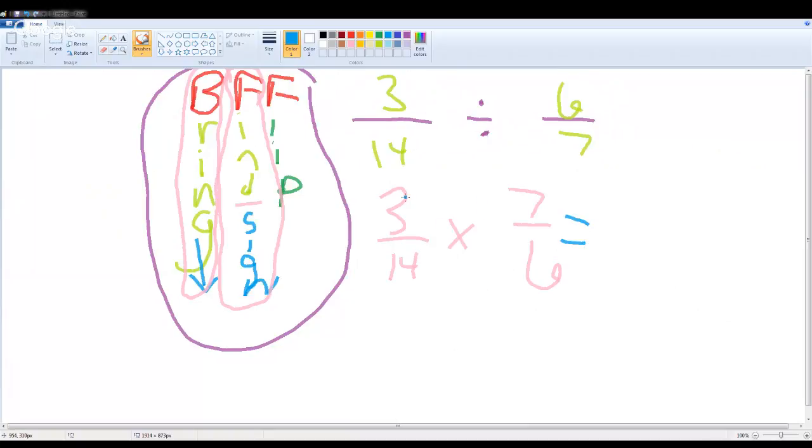That way, let's do it the other way, where you're just multiplying across. Let's do it this way now. So 3 times 7 is 21. Sorry, I got zoned out.